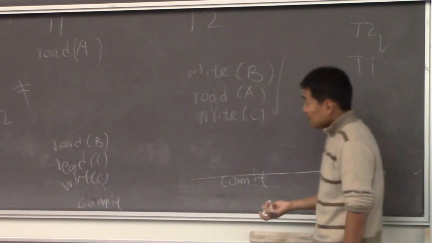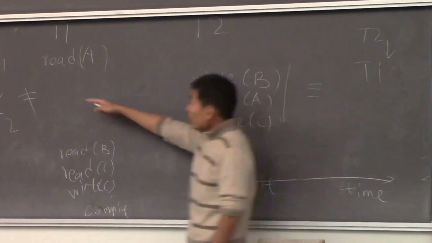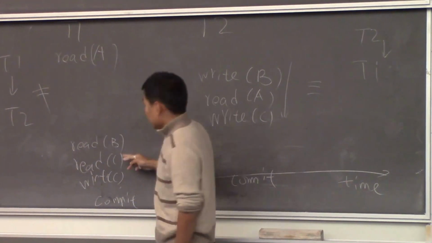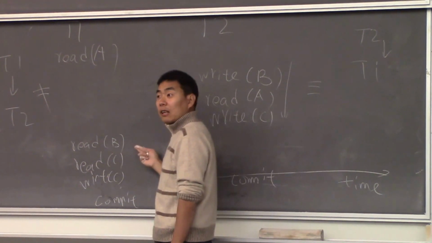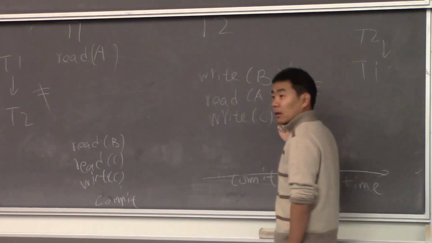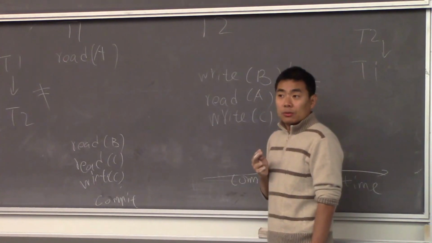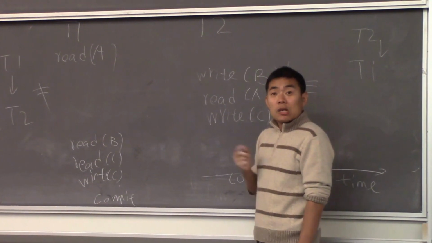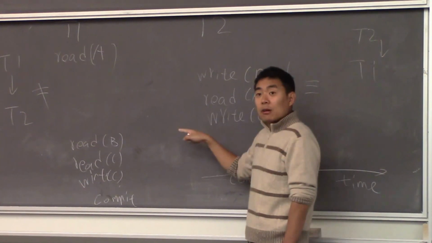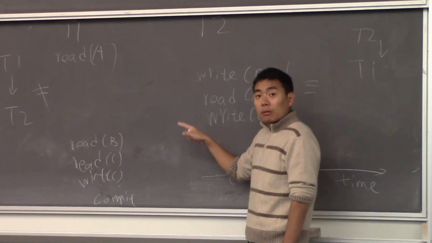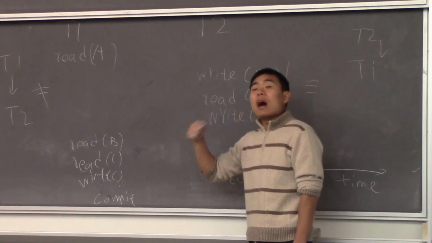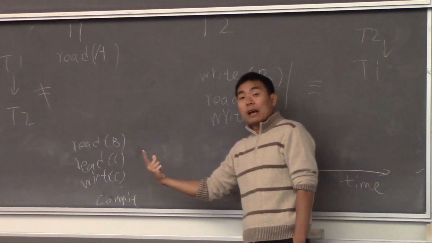Why? Because if you execute T1 first, it's not equivalent to this, because T1 is reading a value of C that's not determined by T2. Is that okay? So this is a serializable schedule because the serializable isolation level says you only need to be equivalent to one of the serial executions.